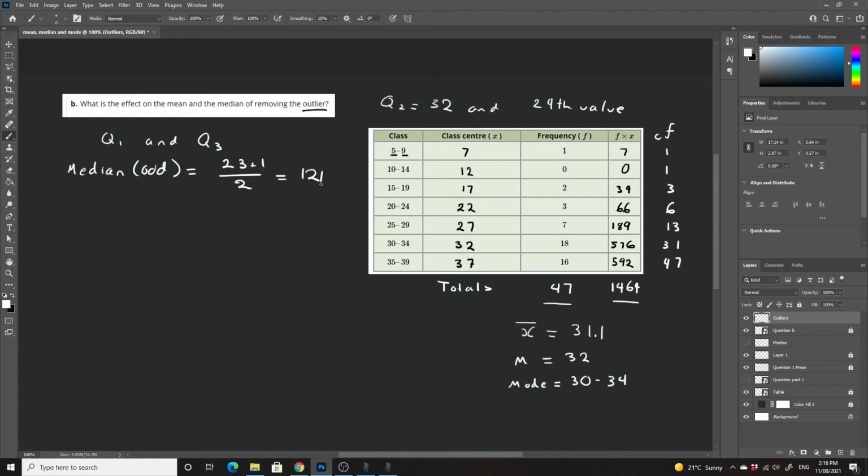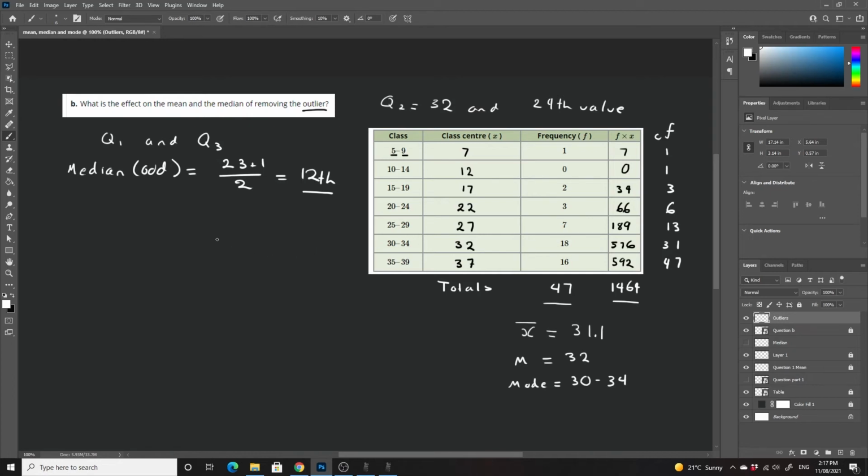So our 12th value is what we're looking for, and this is fine for both. Our 12th value will be quartile 1, and our quartile 3 will be our median plus 12 values forward, so it'll be our 36th value.